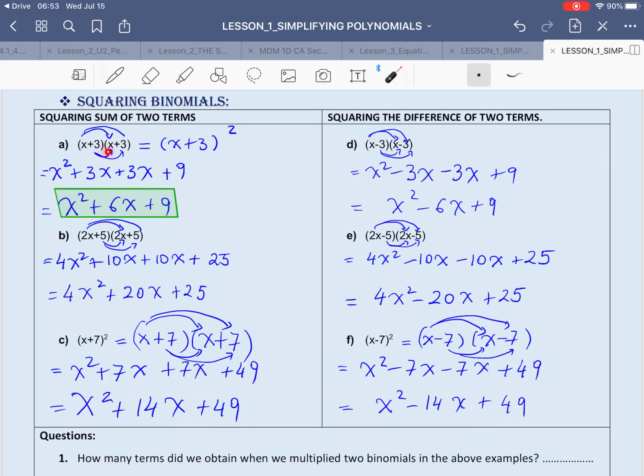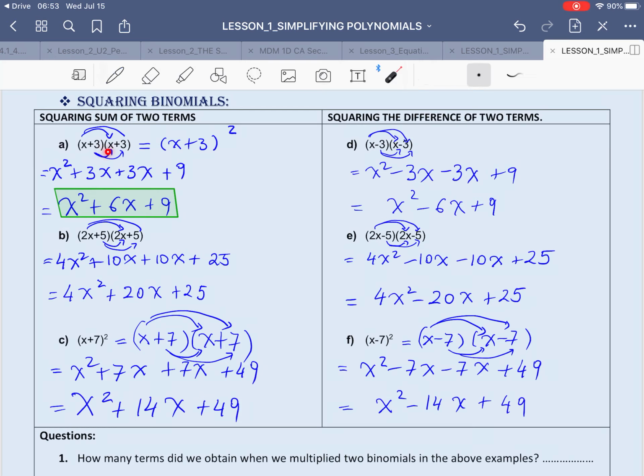Now, how were the expressions in the first column compared to the expressions in the second column? Were they same or were they different? Well, if you look at them, x squared plus 6x plus 9, and compare it with x squared minus 6x plus 9, we see the exact same terms except for one.